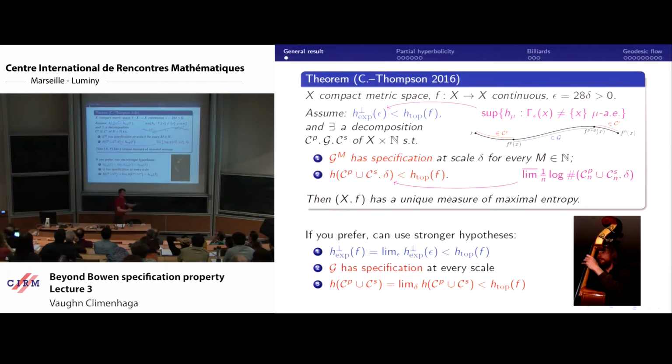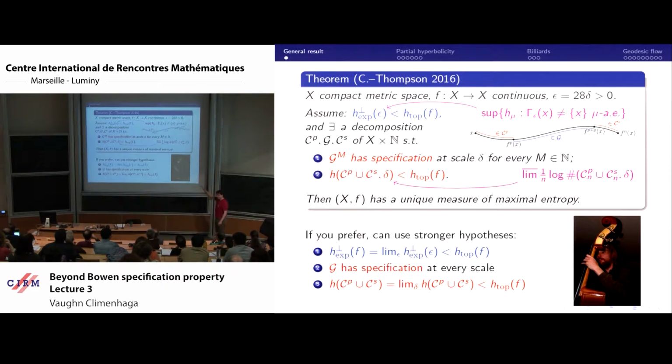But if you don't like thinking about these scales with this funny relationship, it's okay to just consider the entropy of obstructions to expansivity as being the limit as epsilon goes to 0. And you can prove, if you prove that G has specification at every scale, then it follows that GM has specification for every M. It's just a continuity argument.